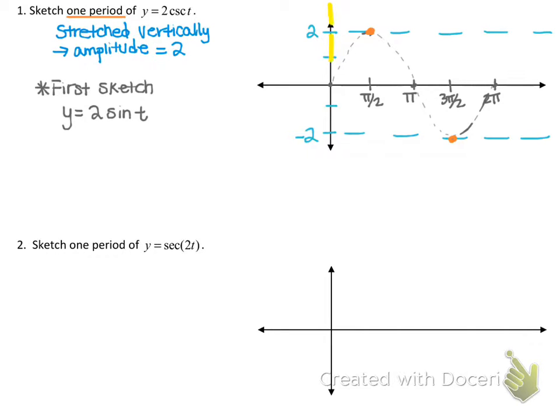So I have a vertical asymptote at 0, at pi, and at 2 pi, which creates almost 2 columns, if you will, and then we can curve, cut off a little bit at the top, like this.